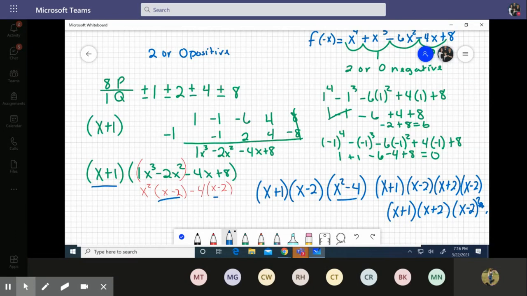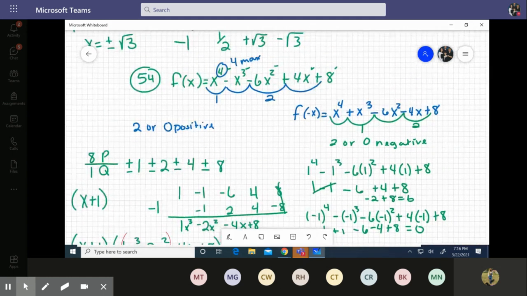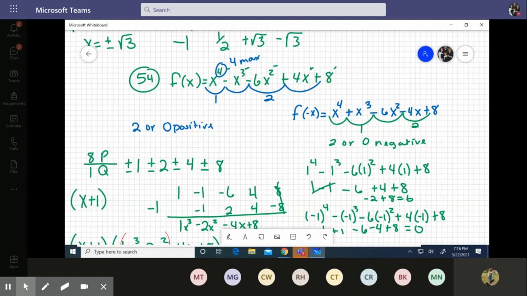What would the end behavior of that polynomial look like? Correct. Because I've got an even degree and it's positive, left and right is going to be pointing up. What are my turning points? How many times is it going to turn? 3. The degree minus 1.